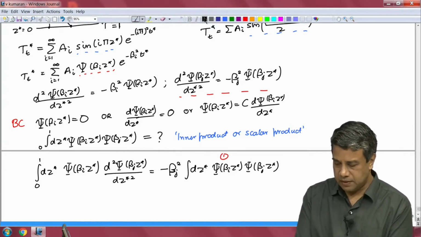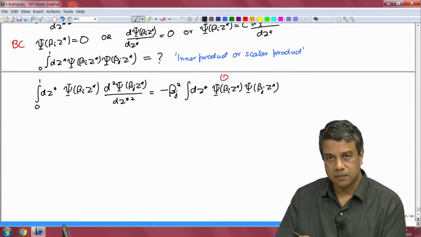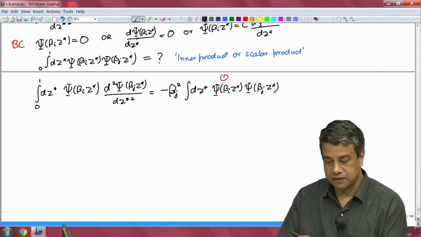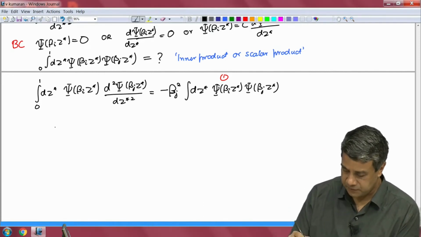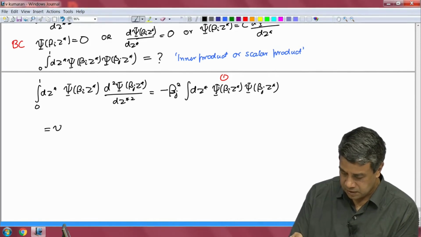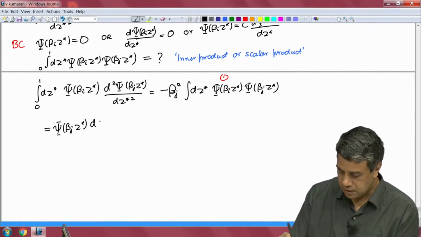I could also evaluate the left side by integrating it by parts, because I have a second derivative of psi of beta j z. So, I could integrate by parts.